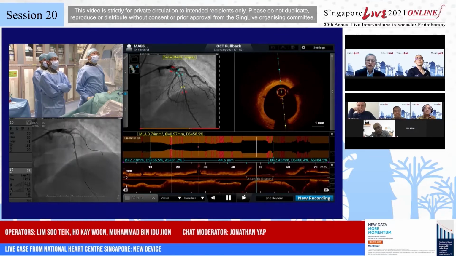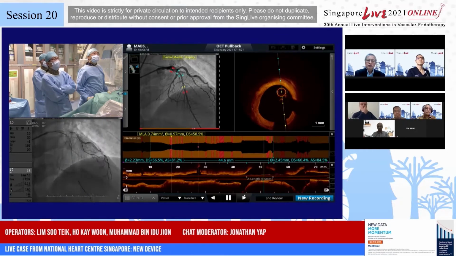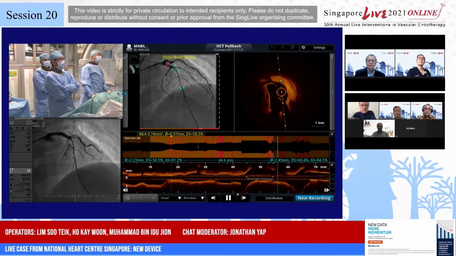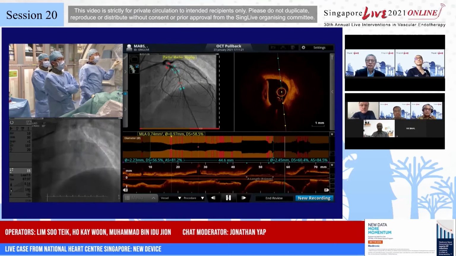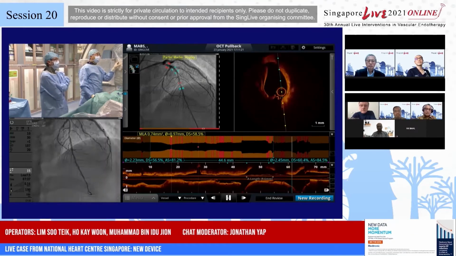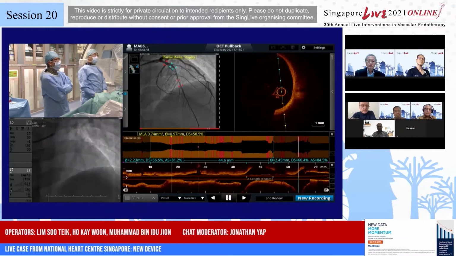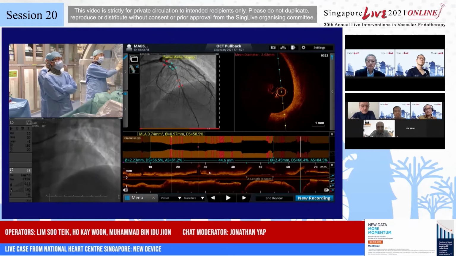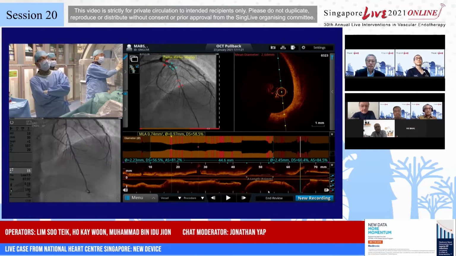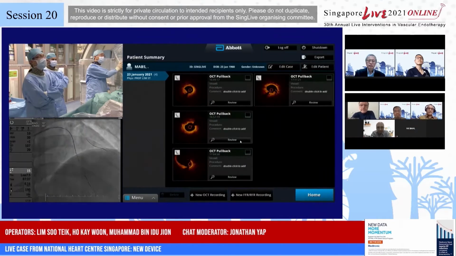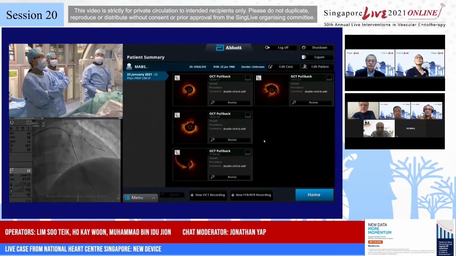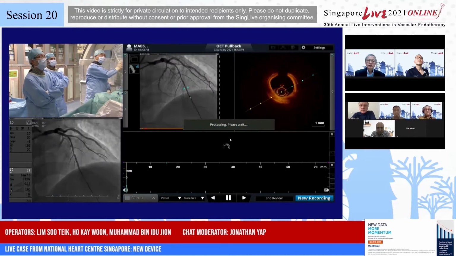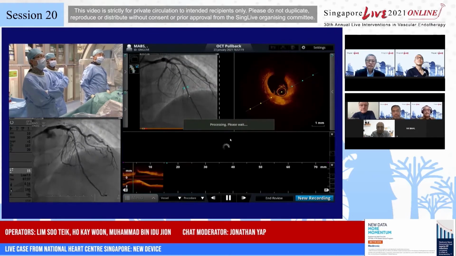So here we are faced with this problem of diffuse LAD disease. We don't have very much normal segment where we did the initial OCT run. So we had a second OCT run a little bit more distal, hoping to find a relatively healthier segment.